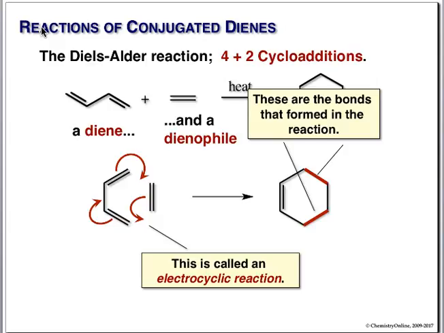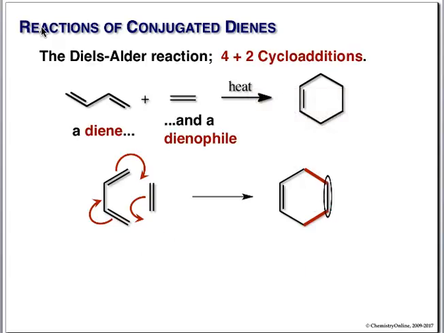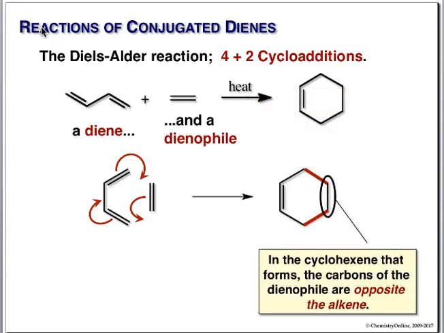Whenever you're looking at a cycloaddition like this and trying to go backwards or forwards, you want to be able to identify the carbons of the diene and the dienophile. Very simple rule of thumb. These are the carbons of our dienophile, right?